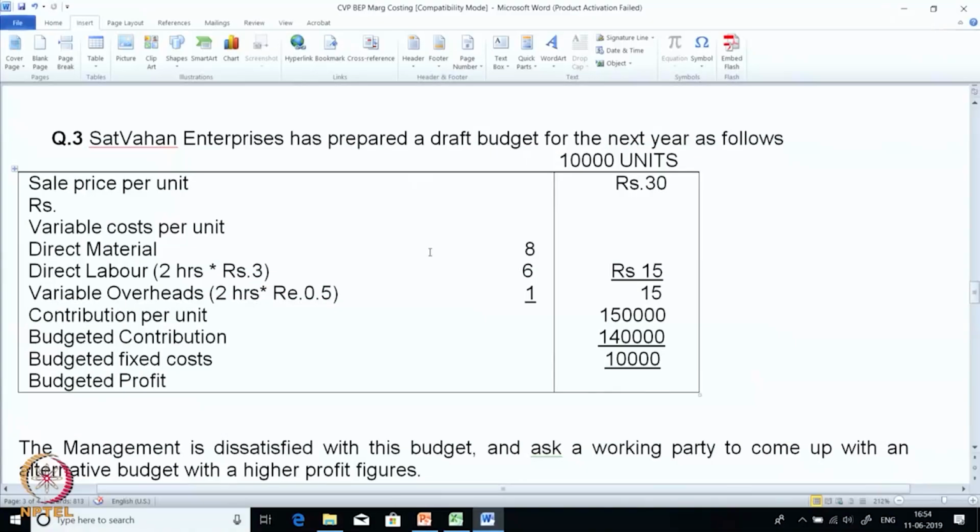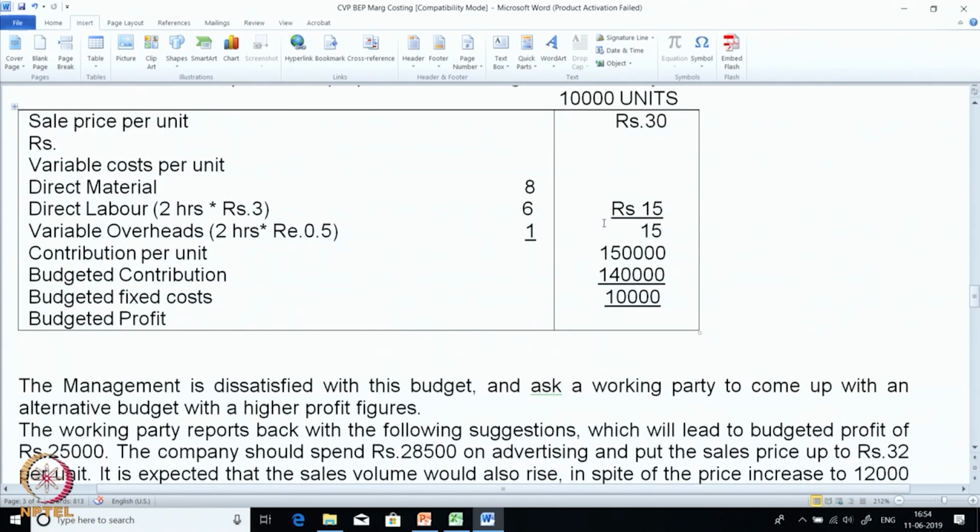Okay. So, Satvahan Enterprises has prepared a draft budget. They have made a budget of 10,000 units, sale price is 30, direct material 8, labor 6 and variable overheads 1. Per hour rates are also given. So, total variable cost is 15 and contribution per unit is also 15.